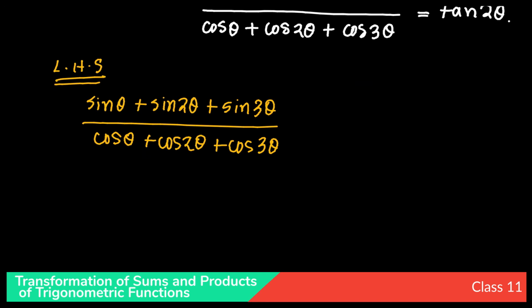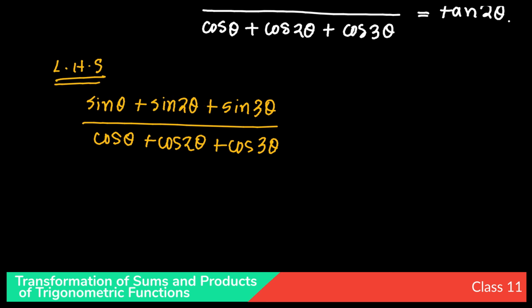Because if we consider theta as C and 3 theta as D, it will become sine C plus sine D. So we can do 2 sine of theta plus 3 theta by 2 and cos of theta minus 3 theta by 2, then we will get 2 sine 2 theta, and in the denominator we get cos 2 theta. Okay, so there is a possibility to take sine 2 theta common and cos 2 theta common from numerator and denominator respectively. So we will do like that.